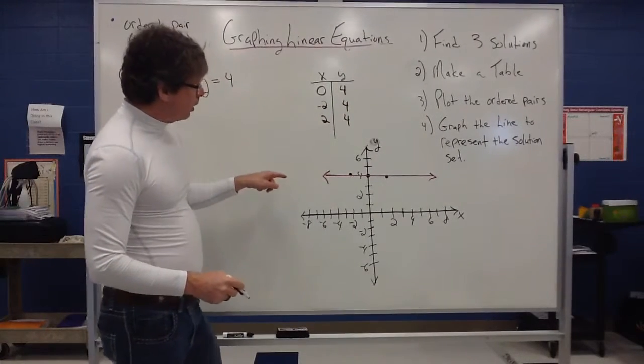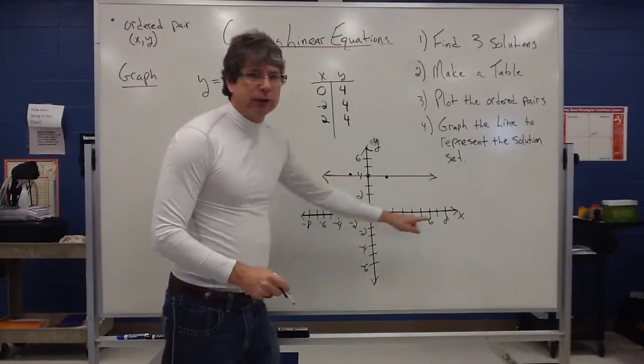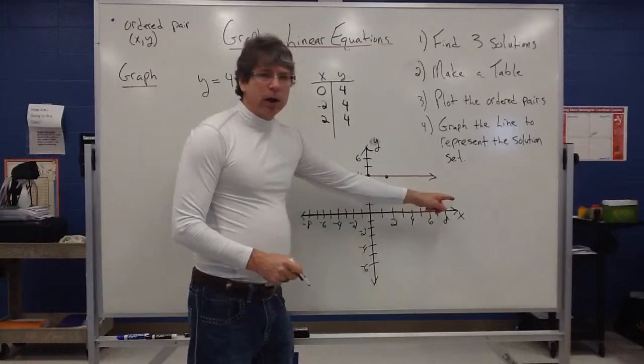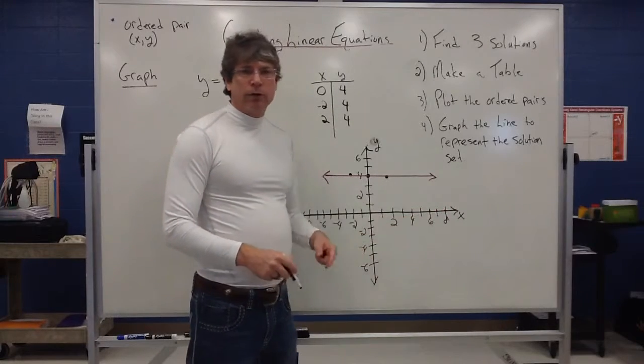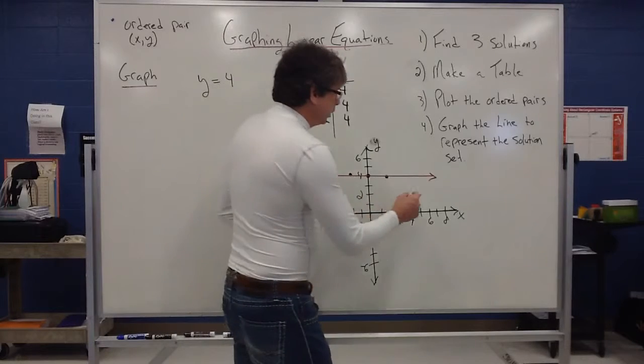So when you have a line that runs like this, notice how it's running kind of what we'd say parallel to the x-axis. Remember the x-axis was considered a horizontal axis. So therefore this line is going to be described as a horizontal line.